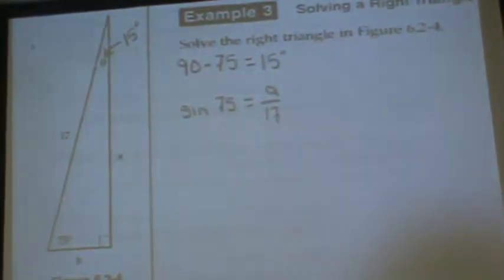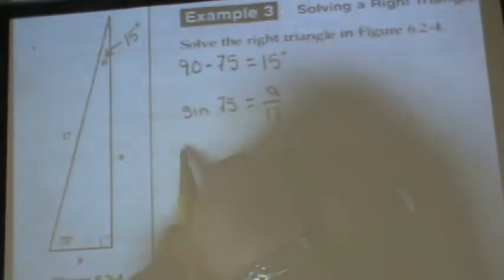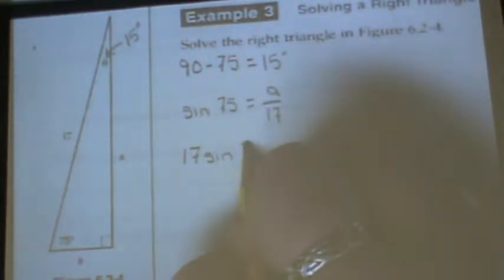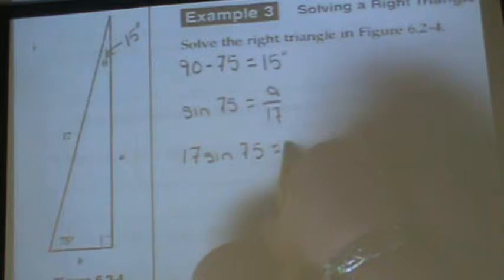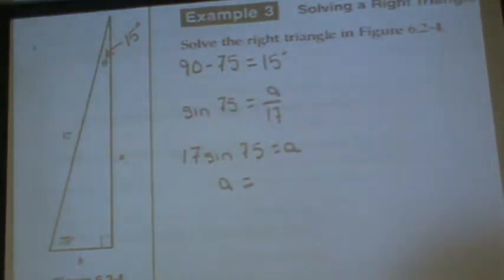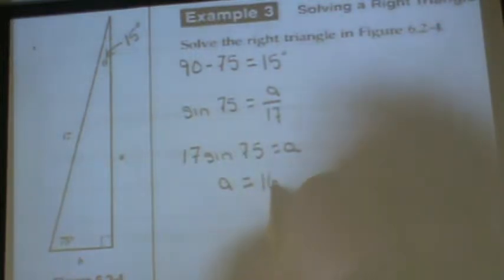And then just like we did in the previous examples, you're going to have 17 times sine 75 equals A. Solving for A, you get 16.42.